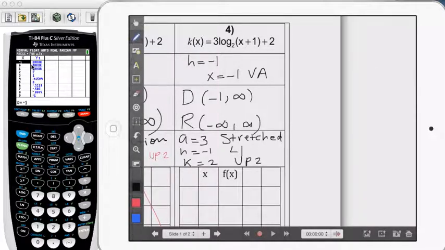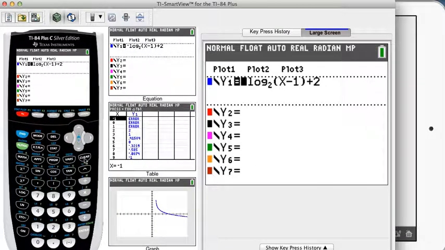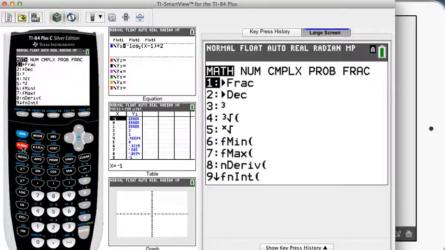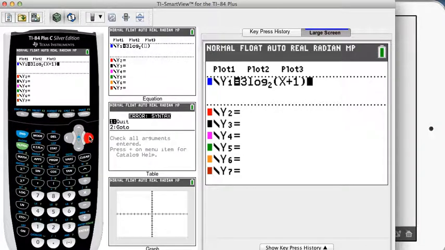Now let's go ahead and graph it and try to get some pretty points to be able to graph this equation. So 3, math, alpha, math, that's the shortcut, log base 2 of x plus 1, move over to plus 2.